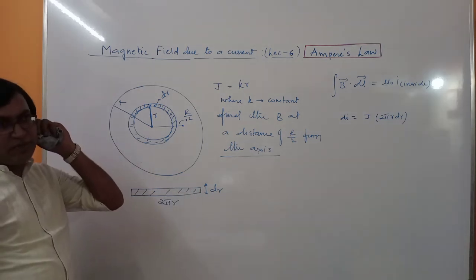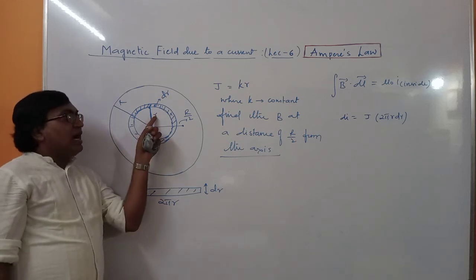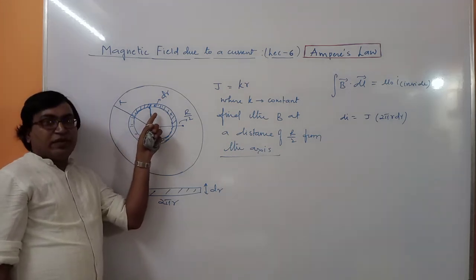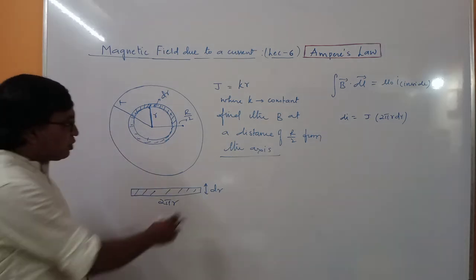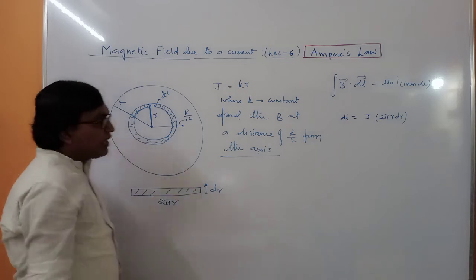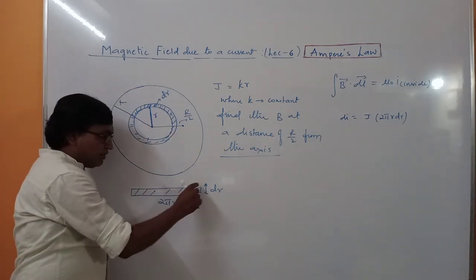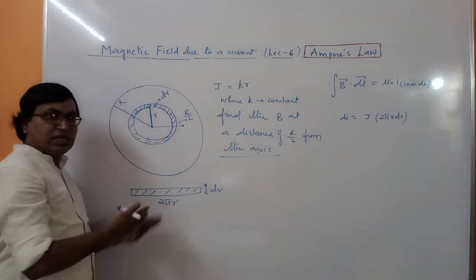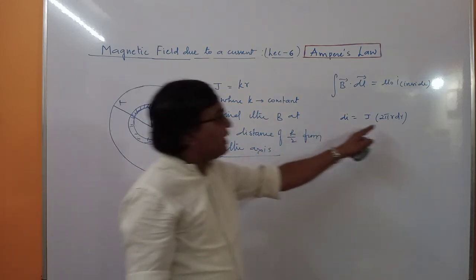You can also find it by using pi times (r plus dr) whole squared minus r squared, where a few terms will be neglected. If you don't neglect, this length will be a little bit more compared to this length. So approximately, its area is 2 pi r dr.